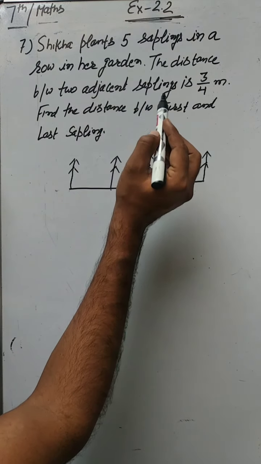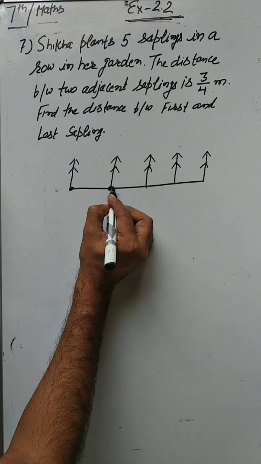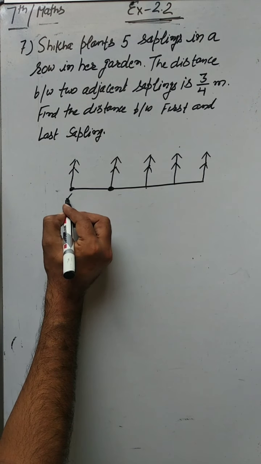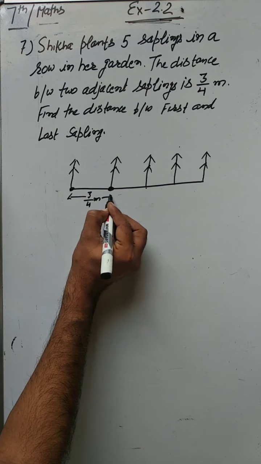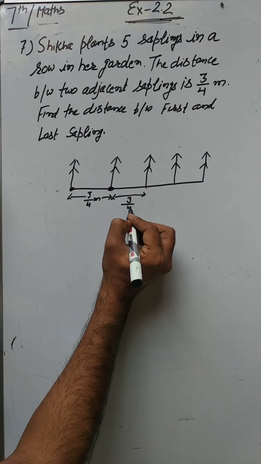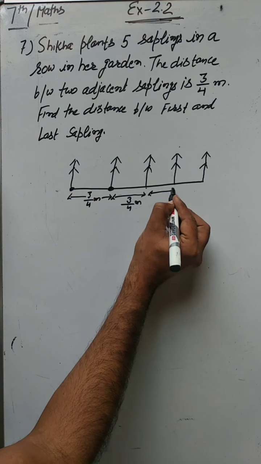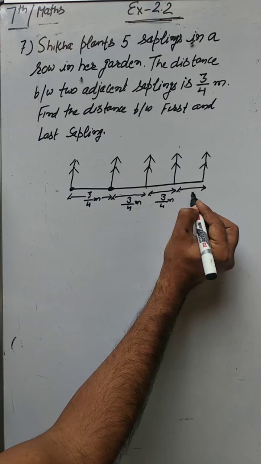Distance between 2 adjacent saplings is 3/4 meter. Adjacent means beta, neighborhood, 2 neighborhood plants. Distance between every neighborhood plant is 3/4 meter.